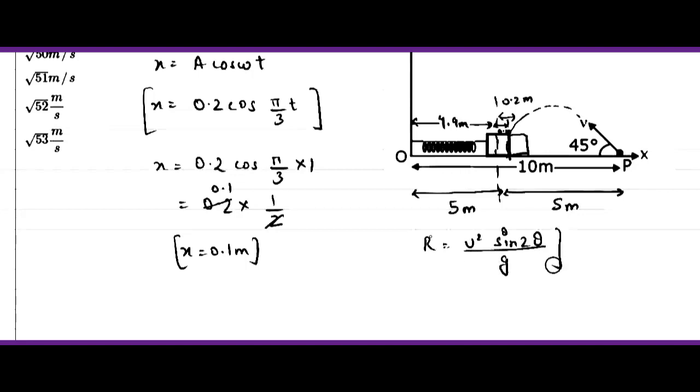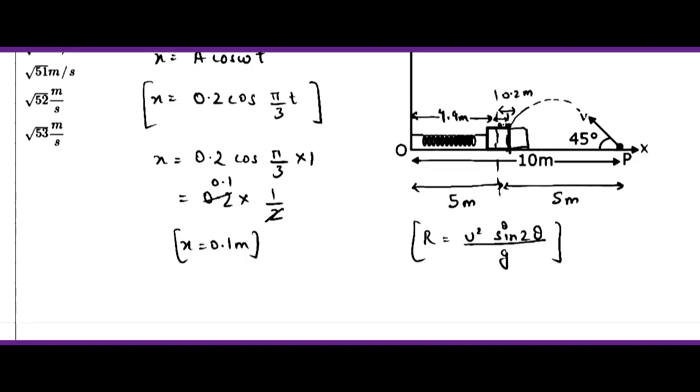Here the range of the pebble is 5 meters. U is the initial velocity, which is given as v in the question. So this will be v square into sine 2 theta. The angle of projection is 45 degrees, divided by g. We have to take 10.